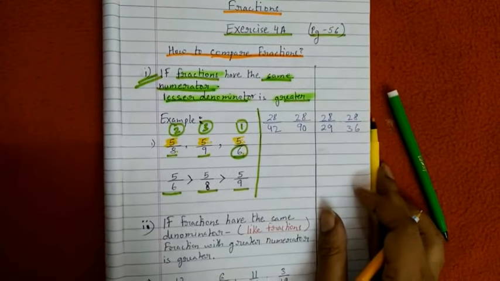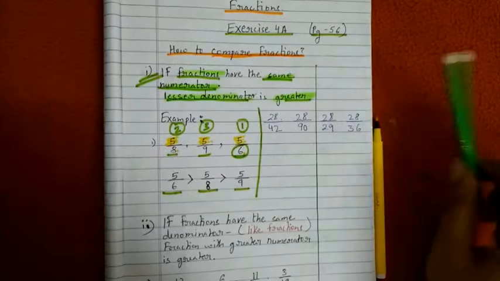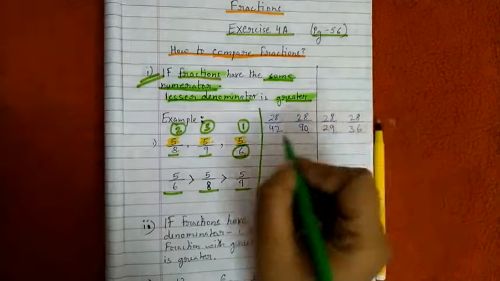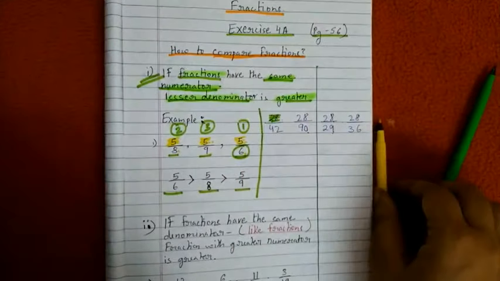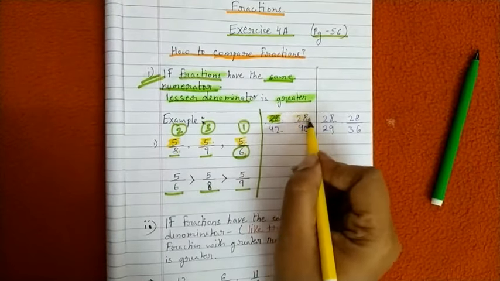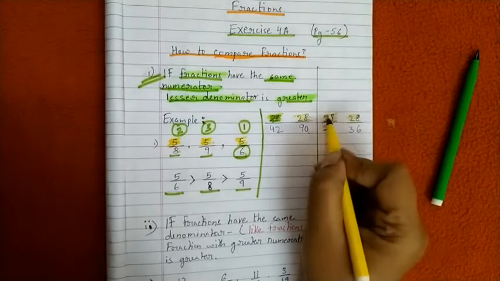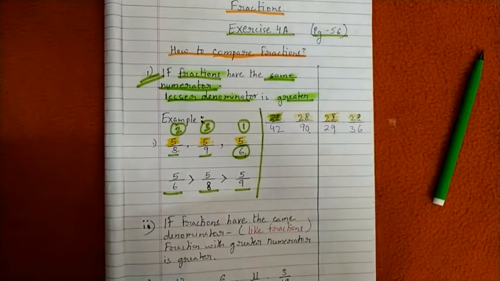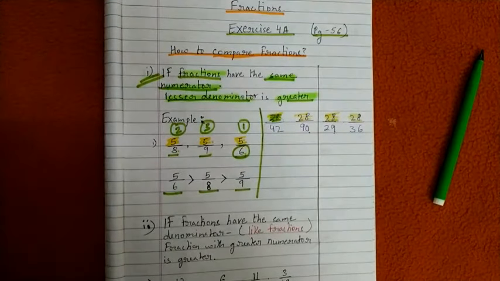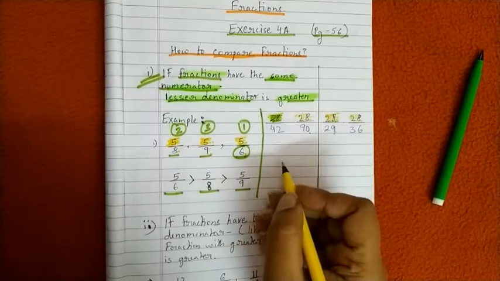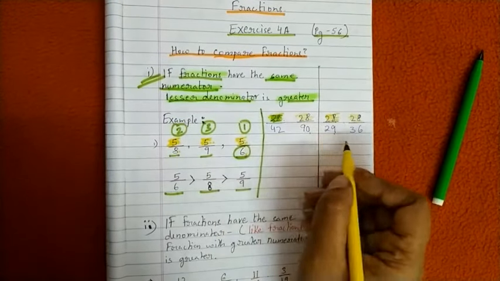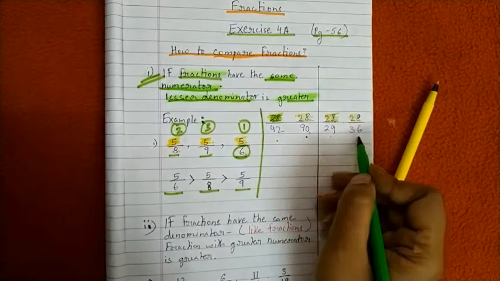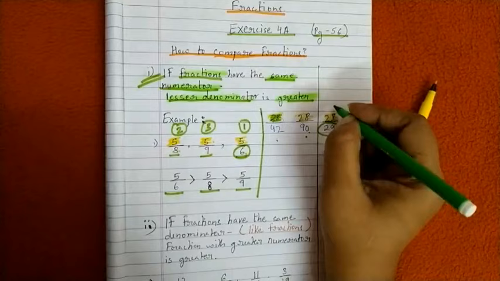Can you see, children? In all cases you can see the numerator is the same. In this case, what you have to do? You have to find the denominator having the least value. Which denominator has the least value: 42, 90, 29 or 36? 29 has the least value.